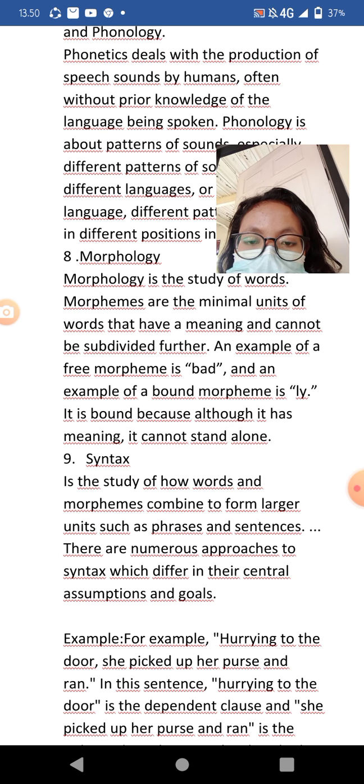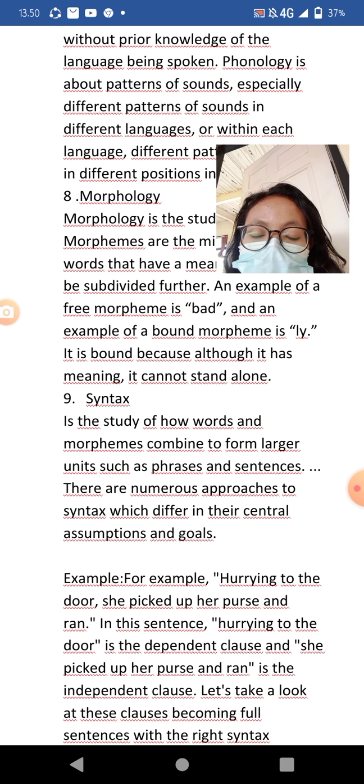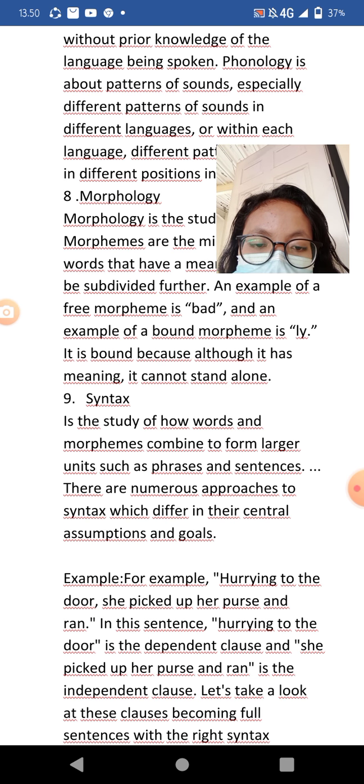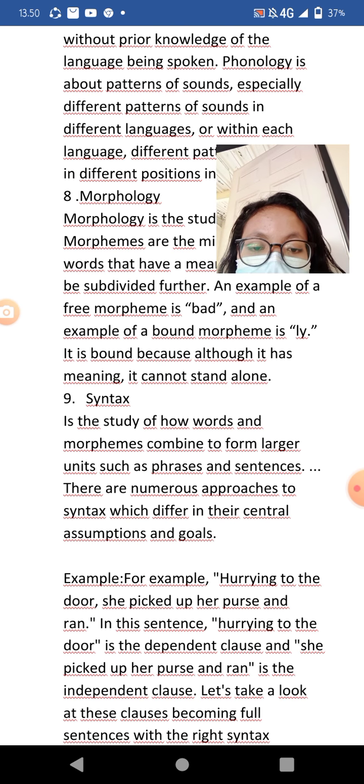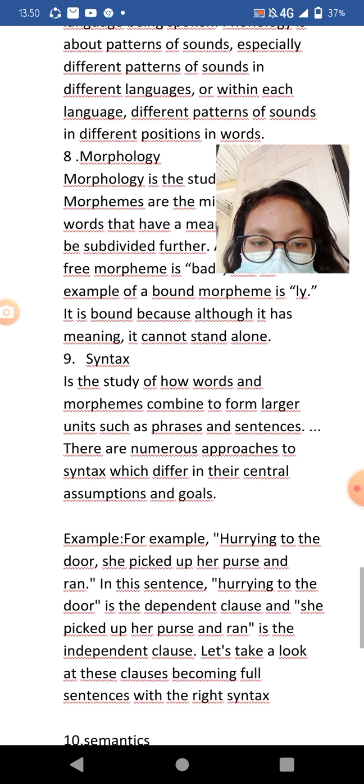Number nine, syntax. Syntax is the study of how words and morphemes combine to form larger units such as phrases and sentences. There are numerous approaches to syntax which differ in their central assumptions and goals.